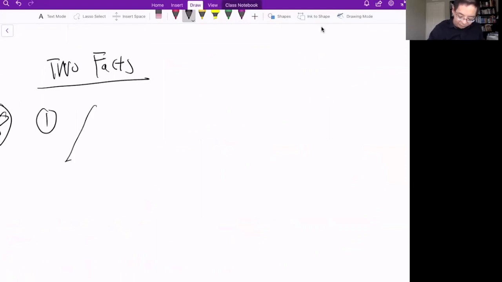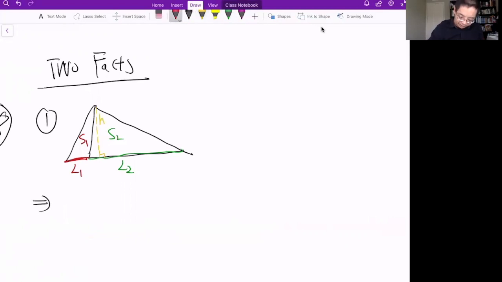Fact 1: if I have two triangles, say S1 and S2, that share the same height, and I call the lengths of the bases L1 and L2, then the area of S1 over the area of S2 equals the ratio between the corresponding sides, L1 over L2.